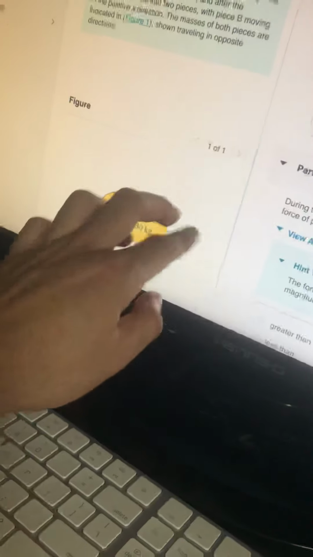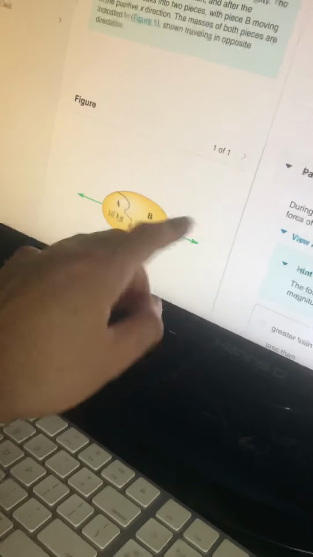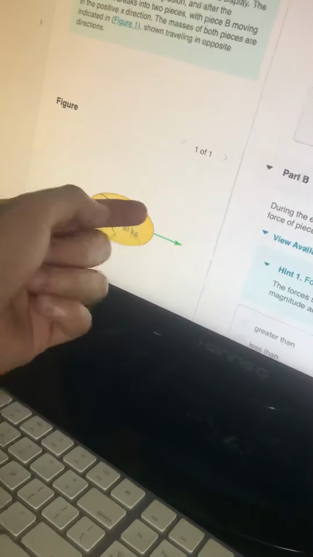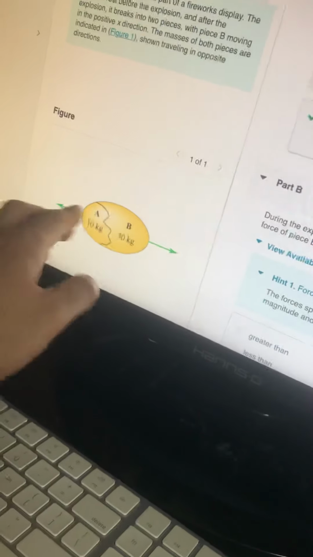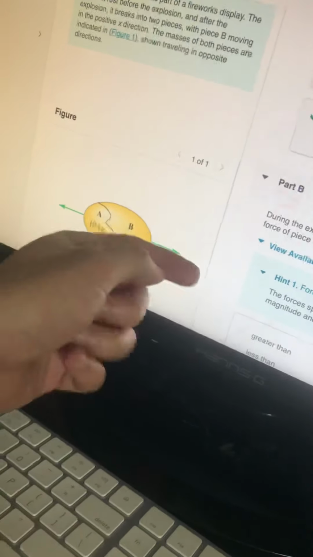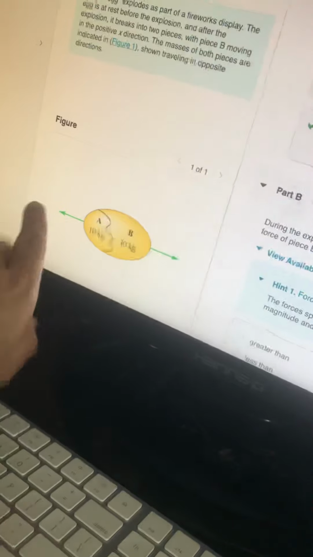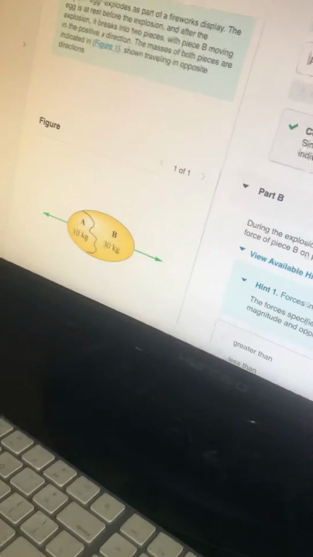And the force of explosion, which we're going to get to in a later section, even though the weights are different, the quantities of the explosion are the same, but in opposite directions. So they're the same force, or they're equal.